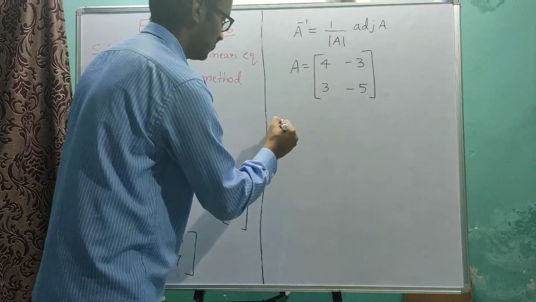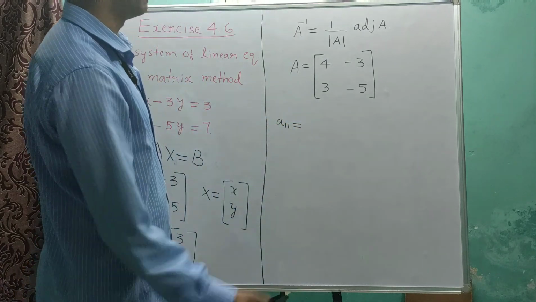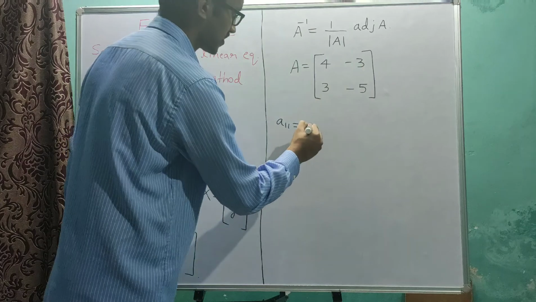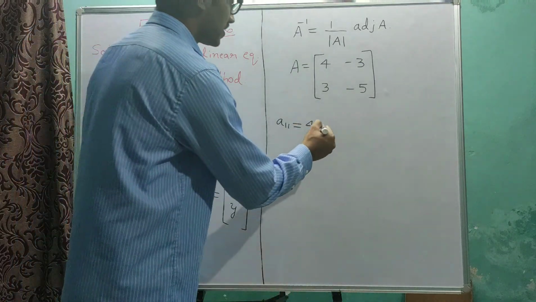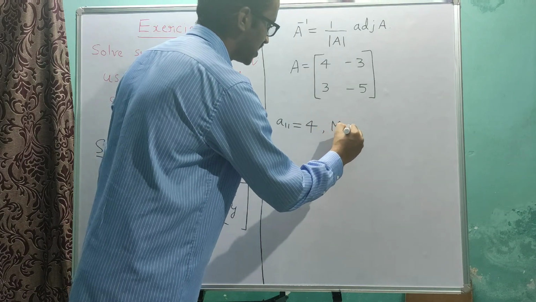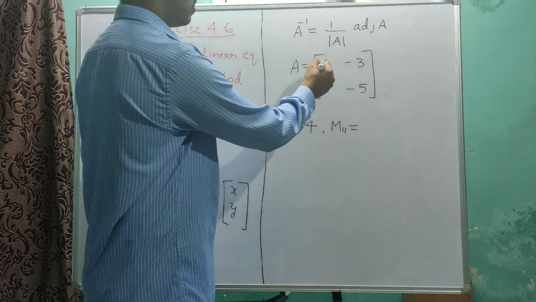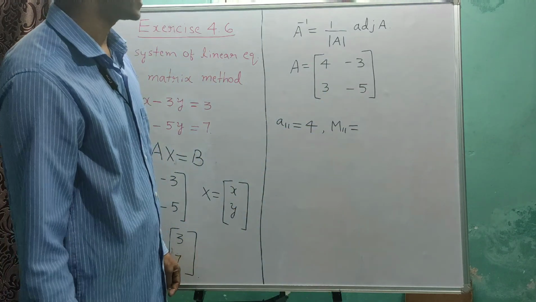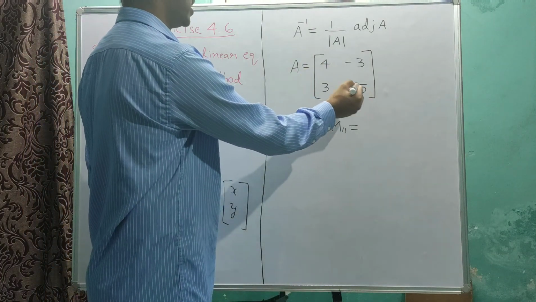Here A11 means the first element in the first row, that is 4. Then the minor of A11 is denoted by M11. The minor for a second order matrix is the diagonally opposite element.